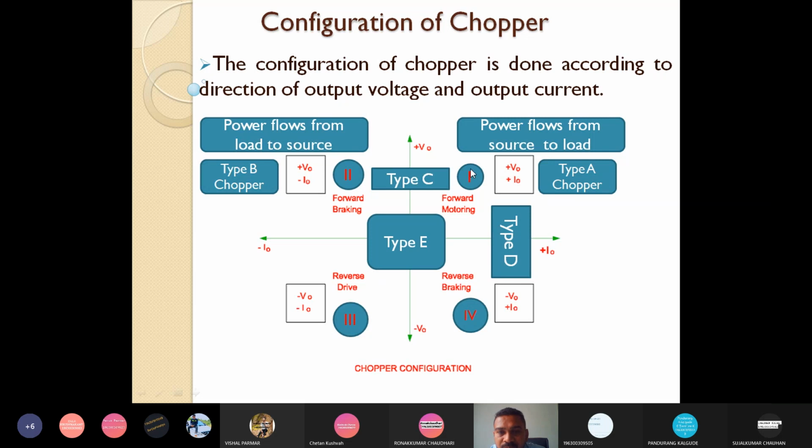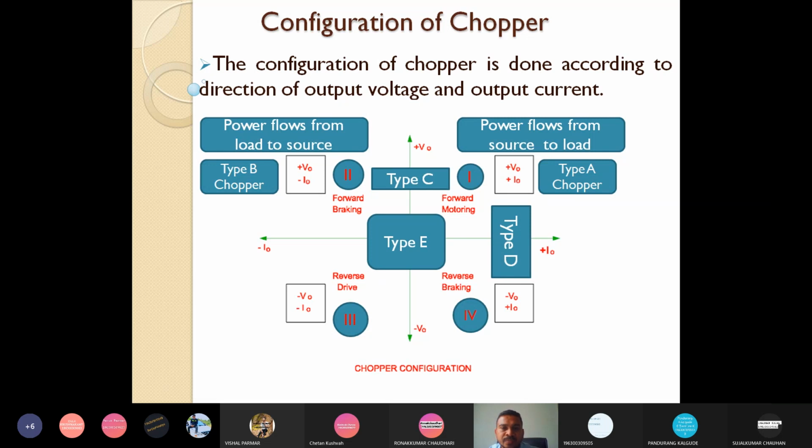So forward motoring action is done and reverse braking operation is also done. Output current remains positive, but output voltage will change from positive to negative and negative to positive according to the switching of the chopper.